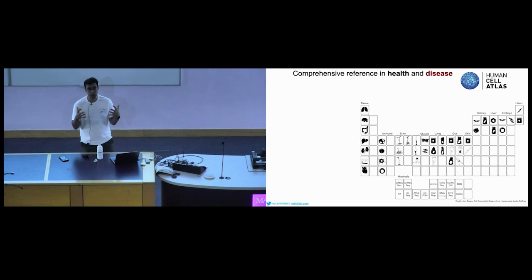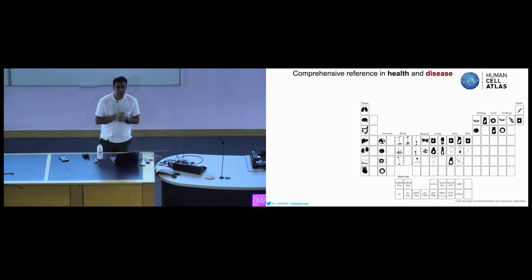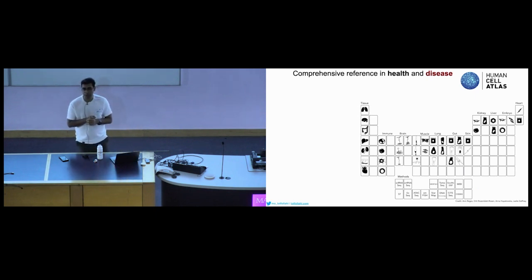And what people are actually doing, as part of the Human Cell Atlas, is that many collaborators in universities and research institutes try to basically build a table of cell types and tissues, similar to the one that we have for chemical elements. And the ultimate goal here is to use single-cell biology, single-cell genomics, which is merely a tool to understand the behavior of cells in a very, very high resolution.